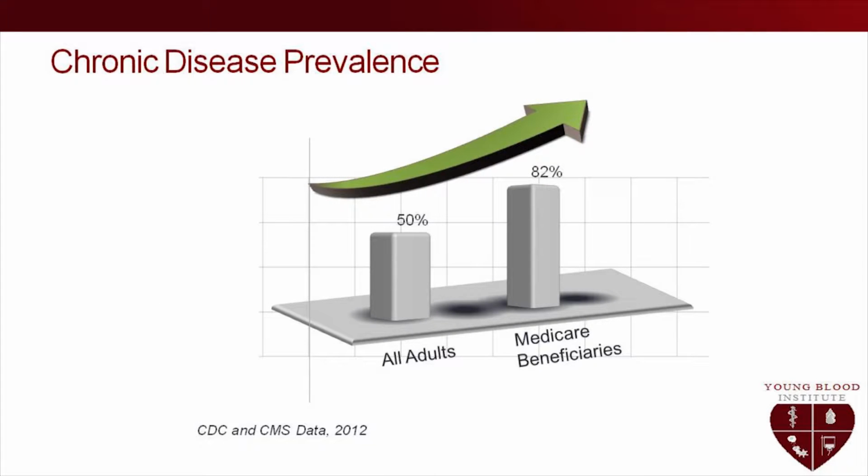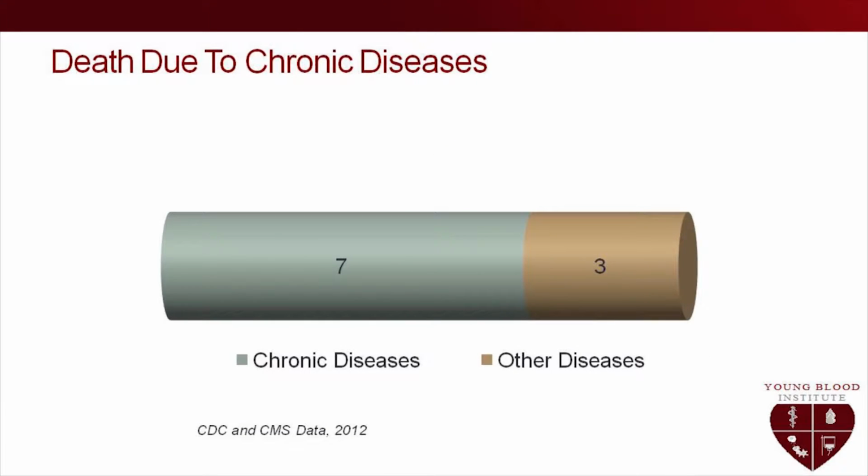So this causes chronic disease, which is much more common in the elderly. 82% of people over 65 suffer from chronic inflammatory diseases. 7 of 10 deaths in the United States are due to a chronic inflammatory disease. Very few people, any place in the world, die of old age. People die of diseases. And these diseases are the most common killers.